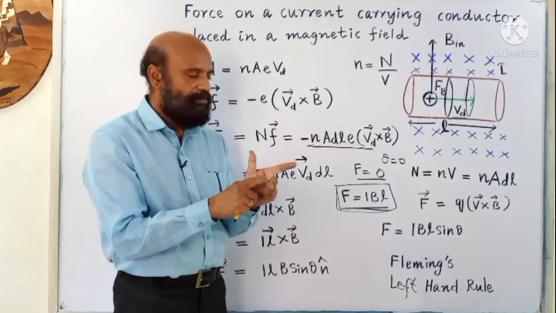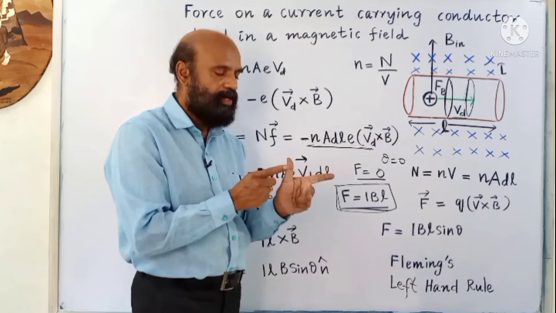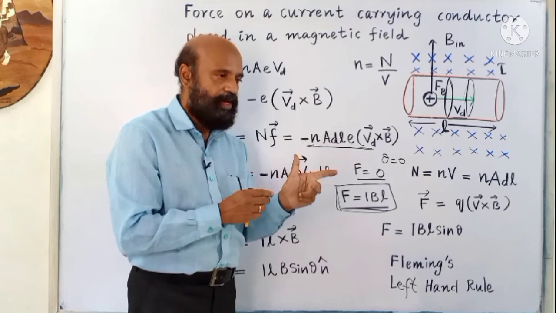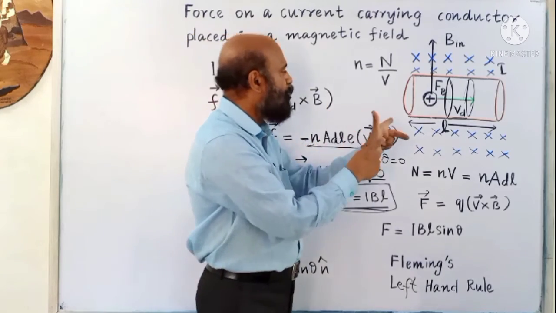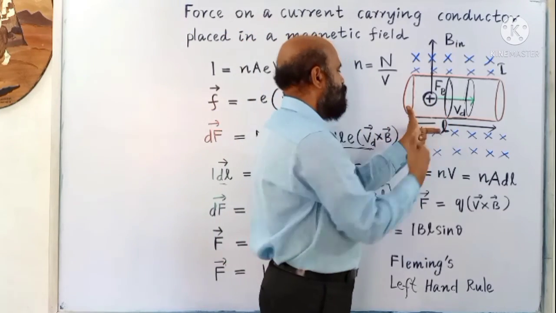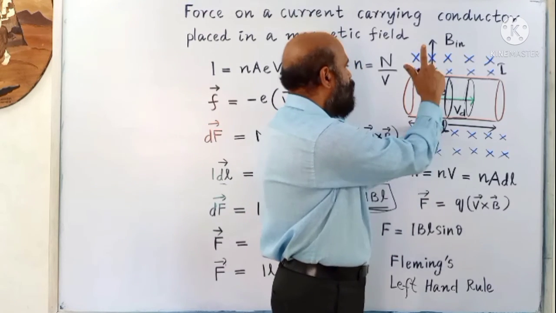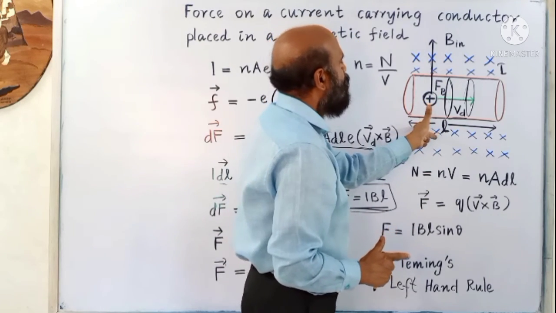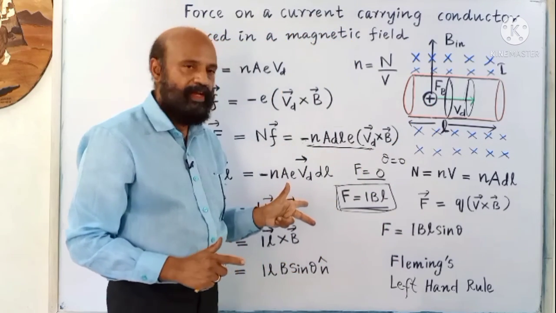Stretch the forefinger, middle finger and thumb of the left hand in mutually perpendicular directions. If the forefinger is in the direction of the field and the middle finger is in the direction of the current, then the thumb will give you the direction of the force. So that is Fleming's left hand rule.